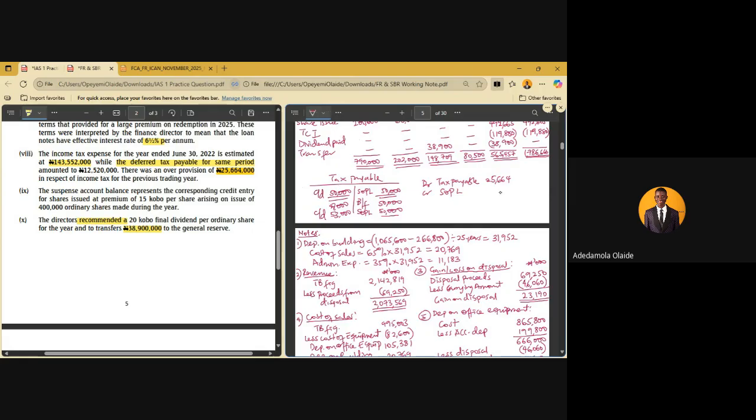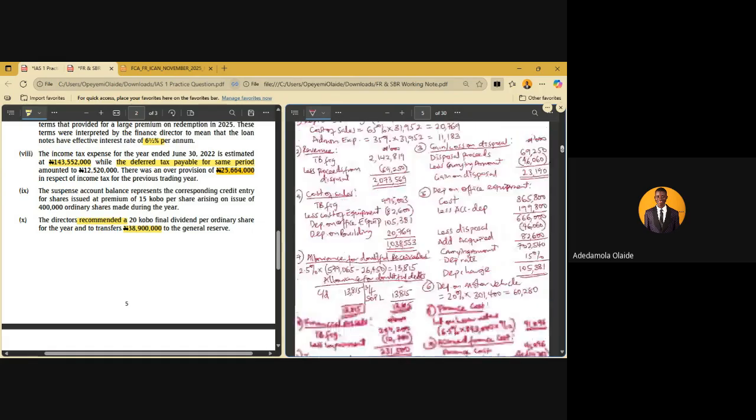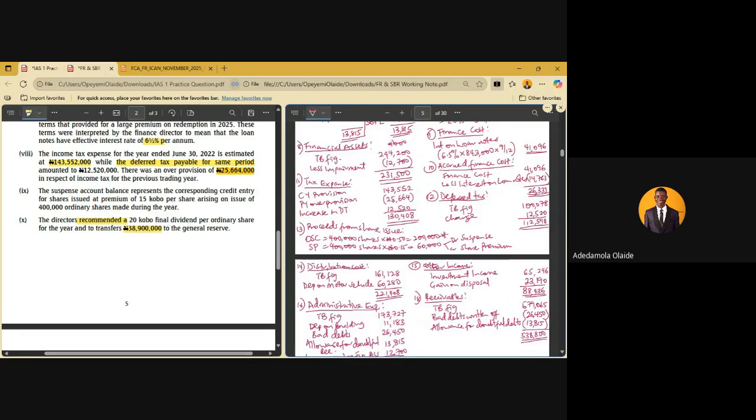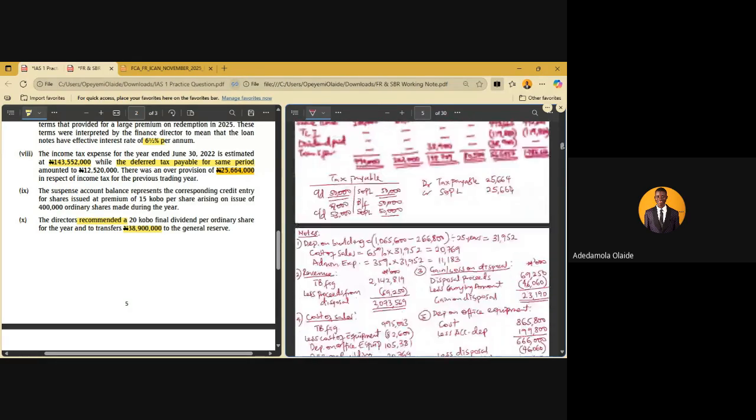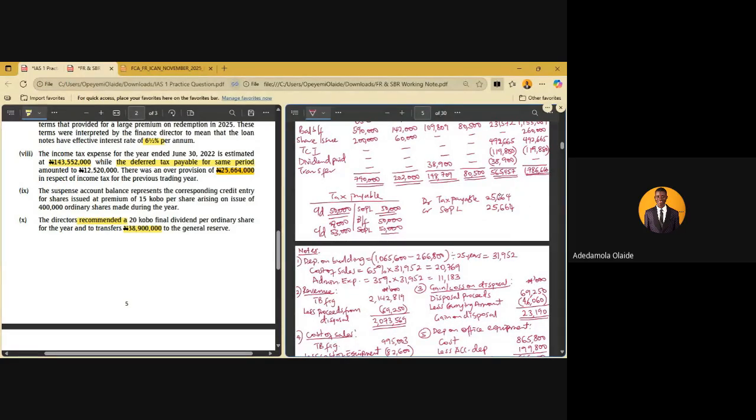So we have credited SOPL with the 25,664 by removing it here. Are we getting it? But the debit we were supposed to have to the tax payable account, we did not do it. Are we getting it?